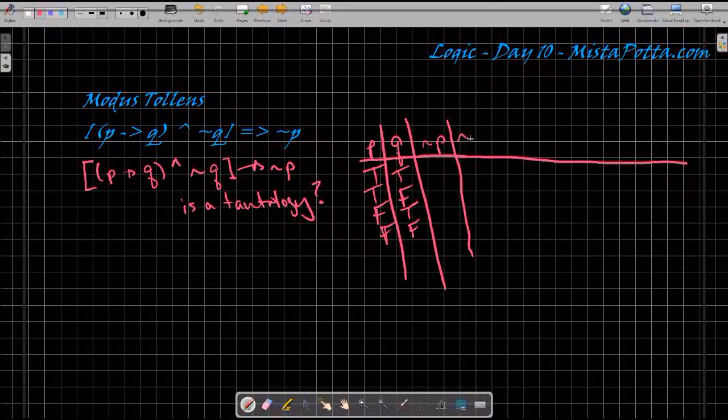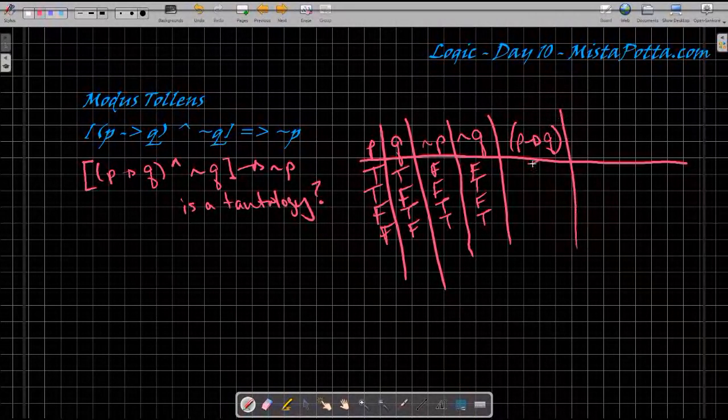These were statements we didn't have in the previous argument, but those are pretty easy to work out. And I'm interested in P conditional Q, which we're quite used to at this point. It's true, false, true, true.